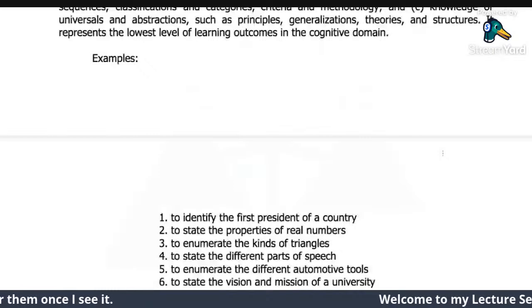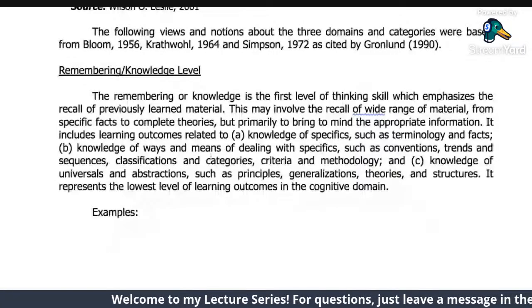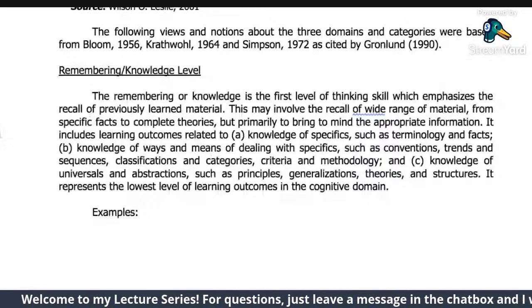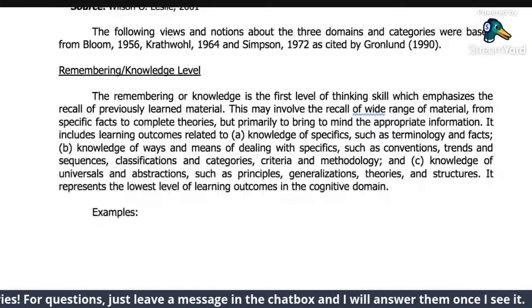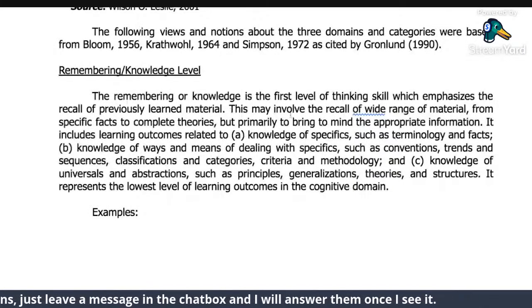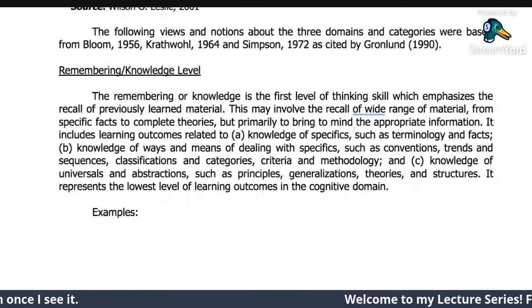Alright, so the lowest level, the first level would be remembering or knowledge level. The remembering or knowledge level is the first level of thinking skills, which emphasizes the recall of previously learned material. So this may involve the recall of wide range of material, from specific facts to complete theories, but primarily to bring to mind the appropriate information.